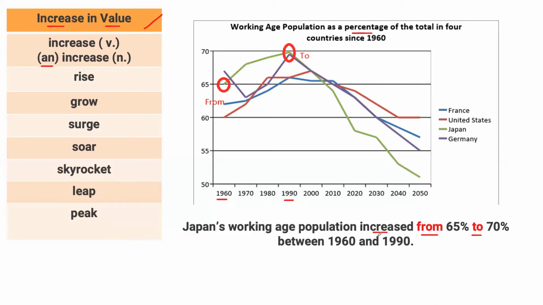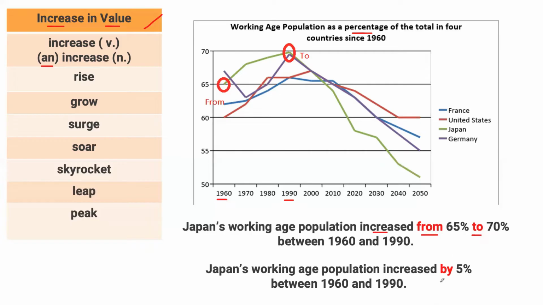However, you can also report on the amount of change between the 2 points, and with that we would use by. So the amount of change is 5% because we're looking at 65 to 70. So you can also say this in a different way without using from and to. You could say Japan's working age population increased by 5% between 1960 and 1990.